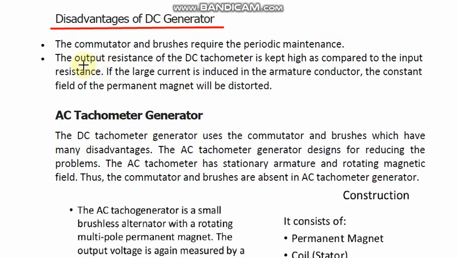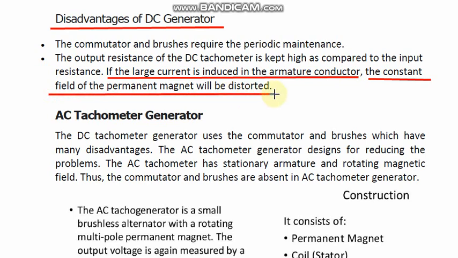The second disadvantage was that the output resistance of the DC tachometer should be kept high as compared to the input resistance. If a large current is induced in the armature conductor, the constant field of the permanent magnet will be distorted.